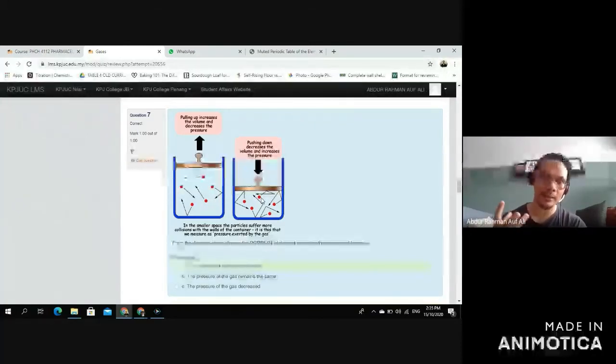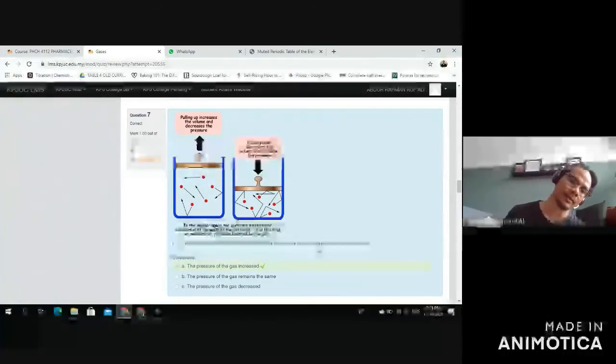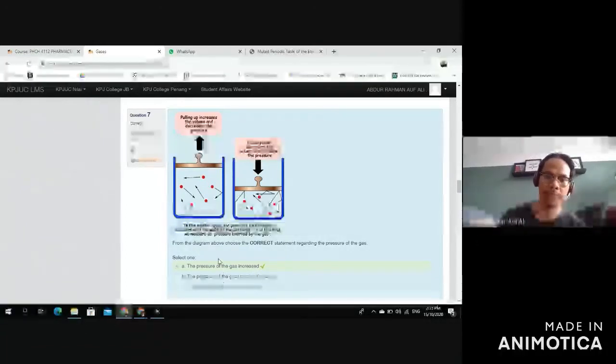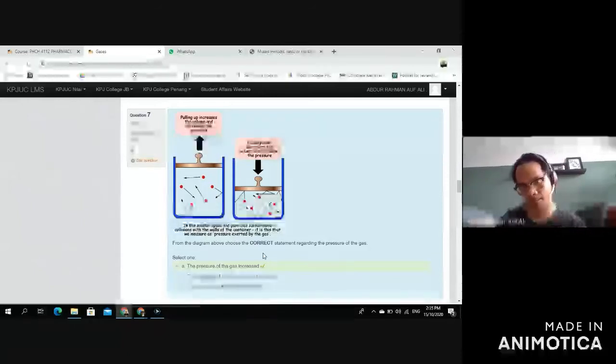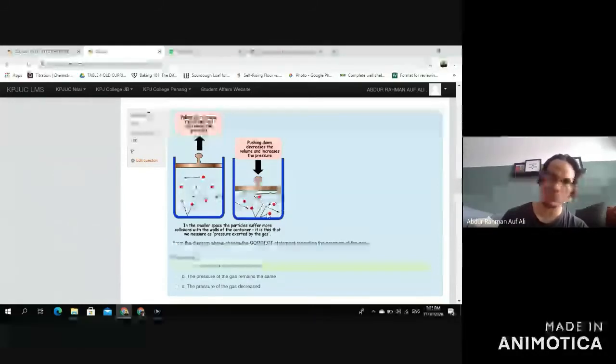So pressure is increased. So the question is, from the diagram above, choose the correct statement regarding the pressure of the gas. So pilih statement yang paling tepat mengenai situasi dekat atas ni. So if the pressure of the gas is increased, as I mentioned tadi, bila kita tekan dia ke bawah, volume is reduced, so the pressure is increased because the gas molecules bump on the piston, on the walls, and the bottom of the beaker more frequently.